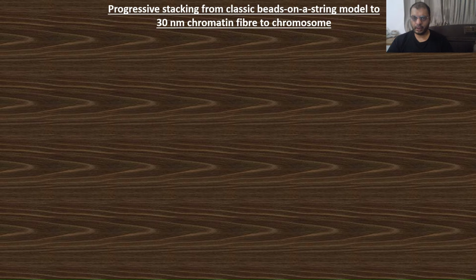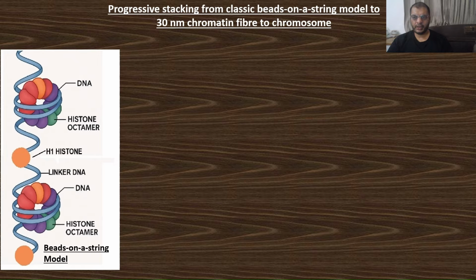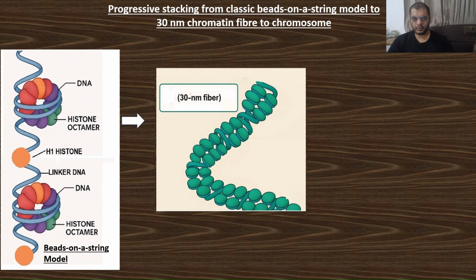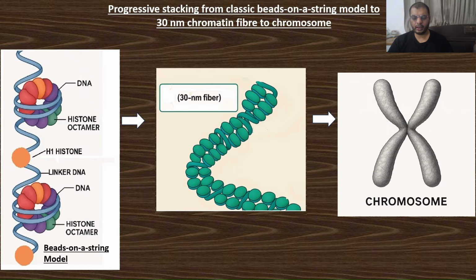First of all, here you have the classic beads on a string model, which is around 10 nanometers in width. And then the nucleosomes can be stacked upon themselves to form the 30 nanometer wide fiber, which is further stacked upon itself even more tightly to form chromosomes during cell division.